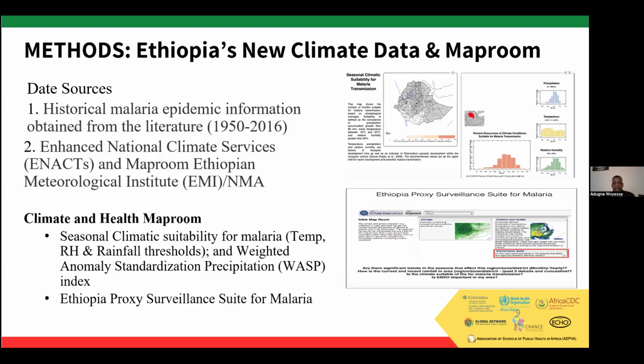So on the right side, when you go to this MAPROOM, you can see the health data, this is the surveillance suite for malaria that we have developed and generated, and what we have designed together. Next slide, please.